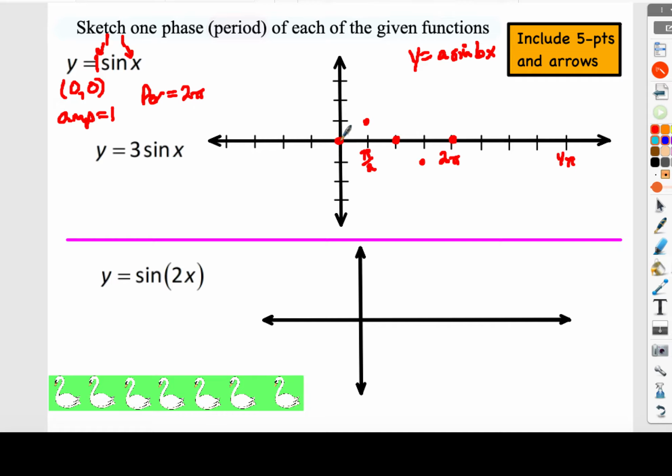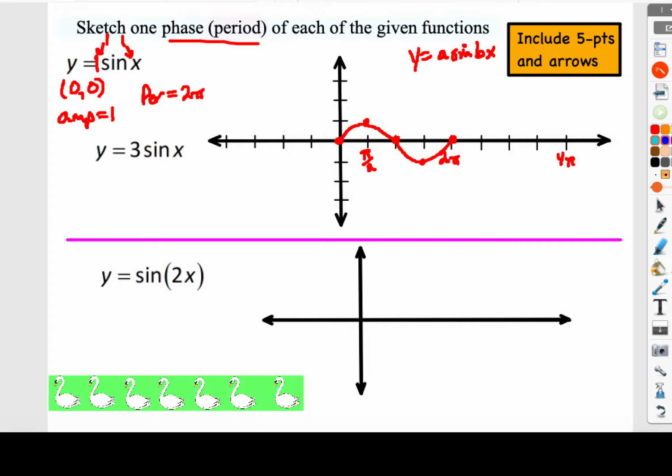And so we get that simple sine graph. Let's see how smooth I can draw this on the computer. Looking like that. That's 1 phase or 1 period of our graph.